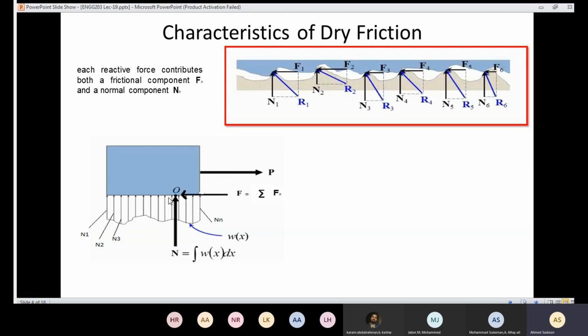We are going to assume the point of application is O. And in order to know the summation of those forces, I need to get the integration over that area here.